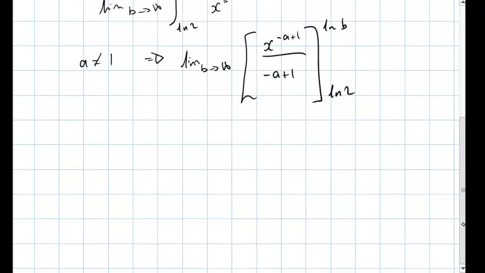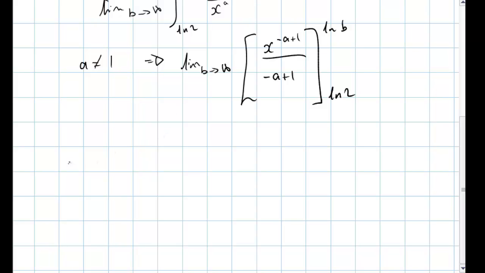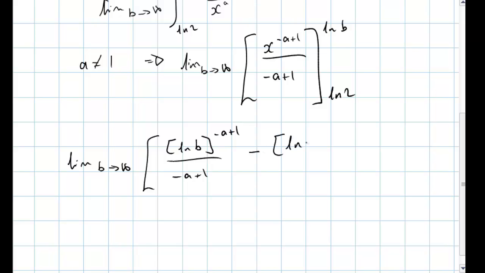So that now gives us the limit as b approaches infinity of ln b to the power of minus a plus 1 over minus a plus 1, minus the ln of 2 to the minus a plus 1 over minus a plus 1.